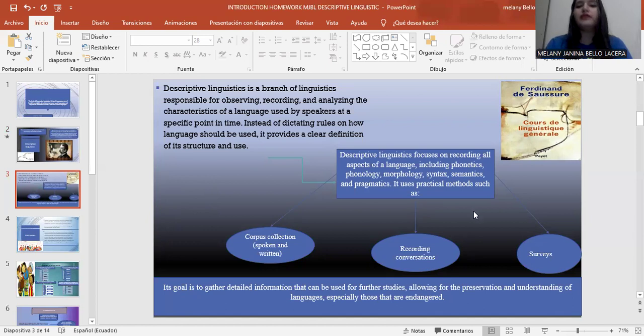Also, it focuses on recording all the aspects of a language, including phonetics, phonology, morphology, syntax, semantics, and pragmatics. And it uses practical methods such as corpus collection, recorded conversations, and surveys.